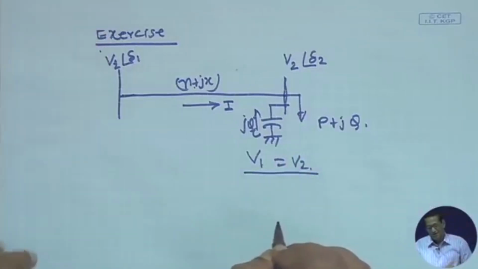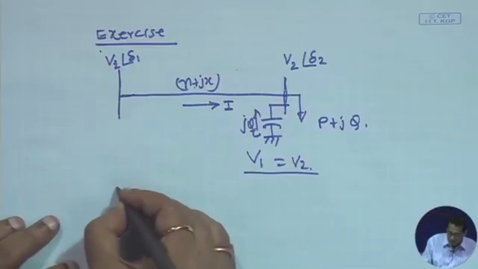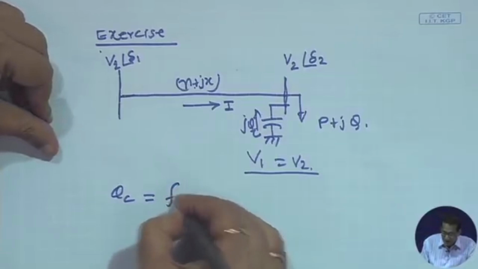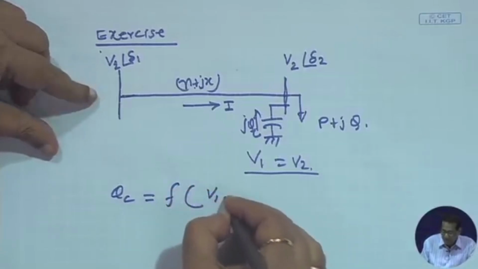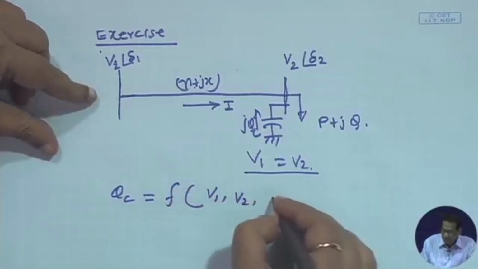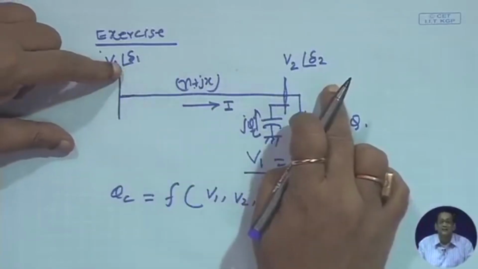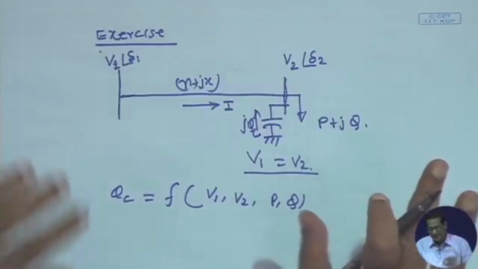Then I want to find out QC as a function of V1, V2, P and Q. Delta has to be eliminated; there should not be any delta in the mathematical expression.